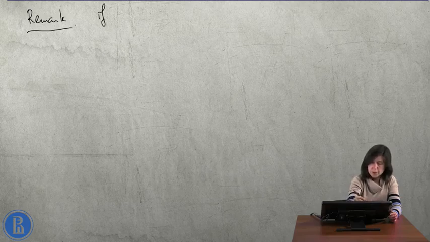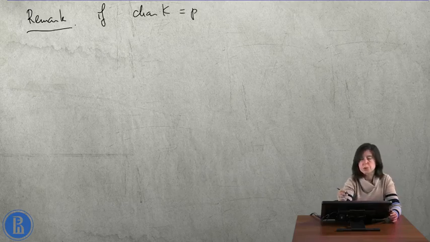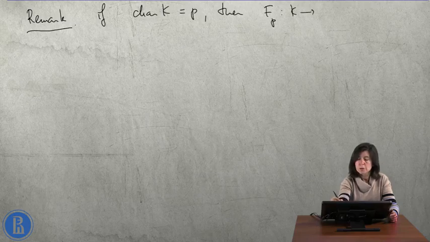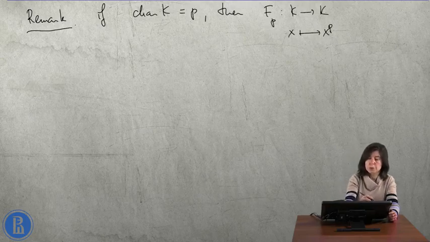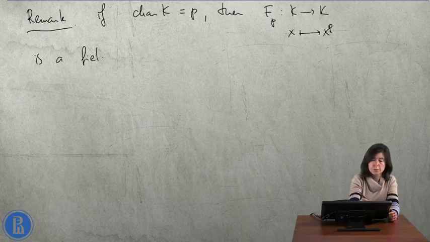We shall shortly prove a theorem which answers these questions, but let me first remark something about fields of characteristic p. If K is a field of characteristic p, then consider Frobenius from K to K, which sends x to x to the power p. This is a field homomorphism.